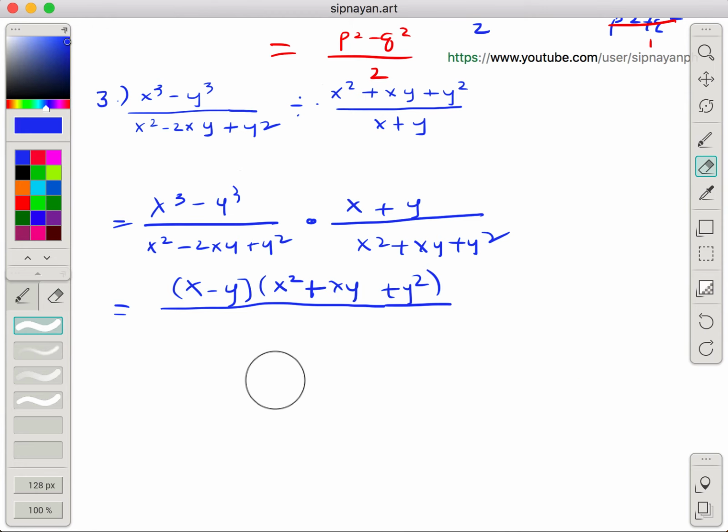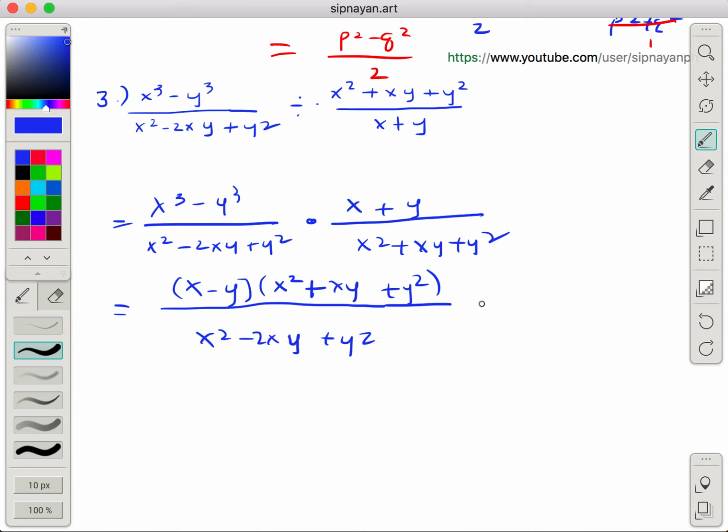Okay? And then, over x squared minus 2xy plus y squared, and then times x plus y over x squared plus xy plus y squared.